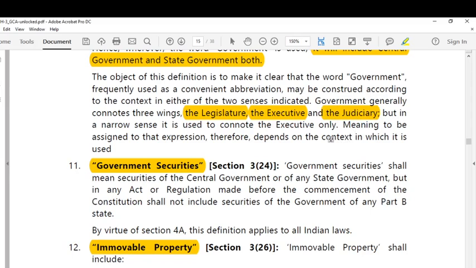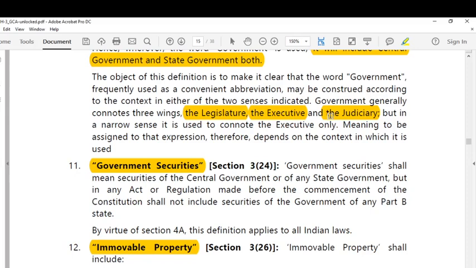The judiciary, you know, is the Supreme Court, High Courts, District Courts, Municipal Courts, Magistrate Courts, and Metropolitan Magistrate Courts. All these come under the judiciary. But in a narrow sense it is used to connote the executive only.